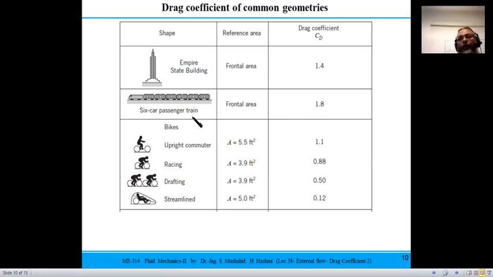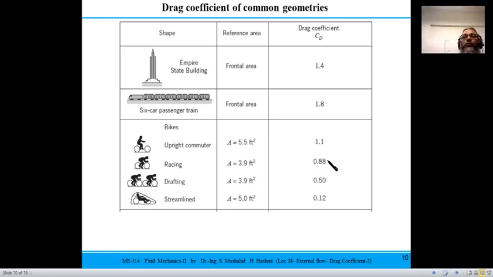And if you look at bikes, if the rider is in the upright position and the frontal area is 5.5, then the drag coefficient is 1.1. If the rider is bent downwards in the racing position, then the frontal area has reduced as well as the drag coefficient.